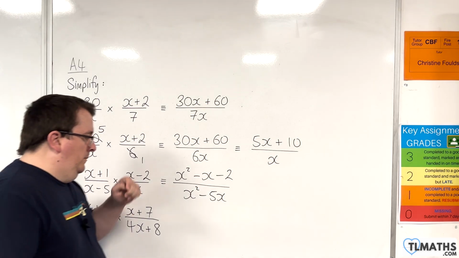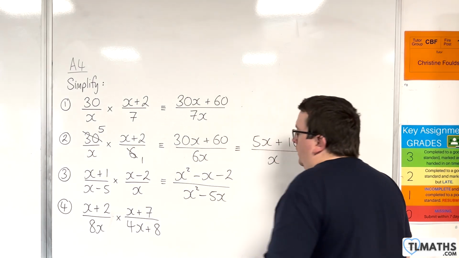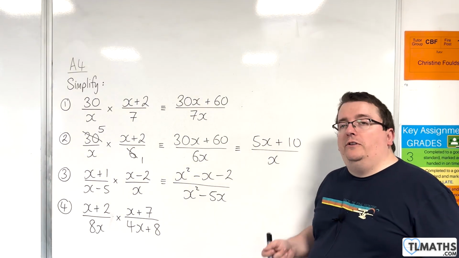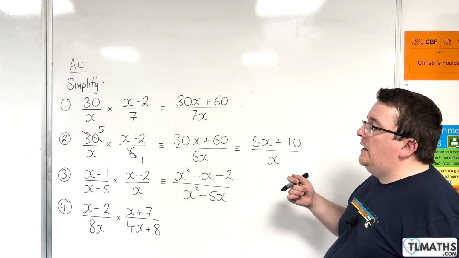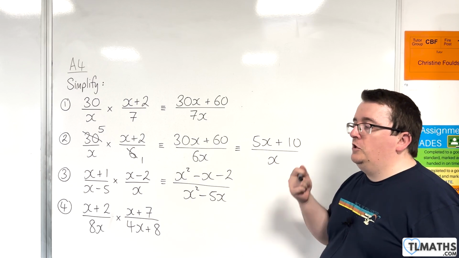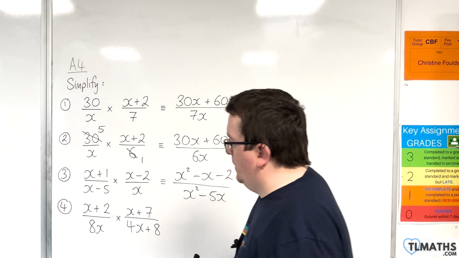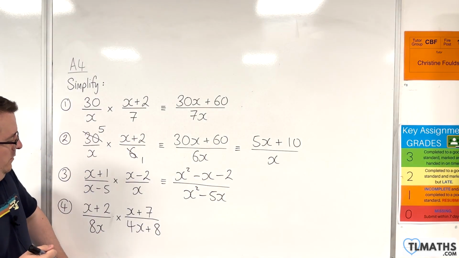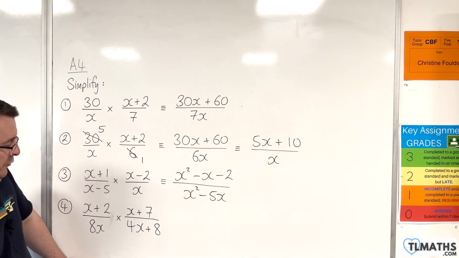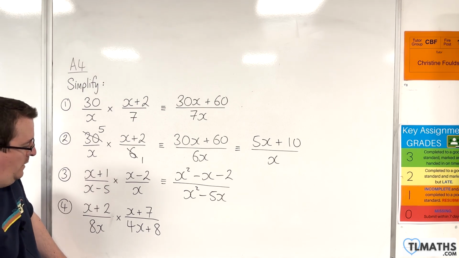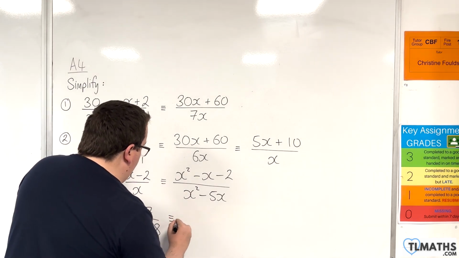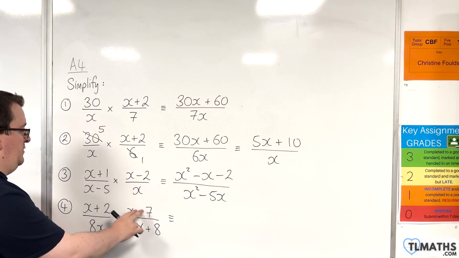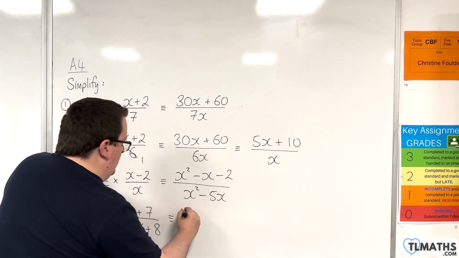Now, number 4, you might want to pause the video and see if you can spot a simplification that you could do initially here. Okay. Now, you could go straight into multiplying out the brackets here. Okay, so you might initially go, okay, x plus 2 times x plus 7, x times x is x squared.